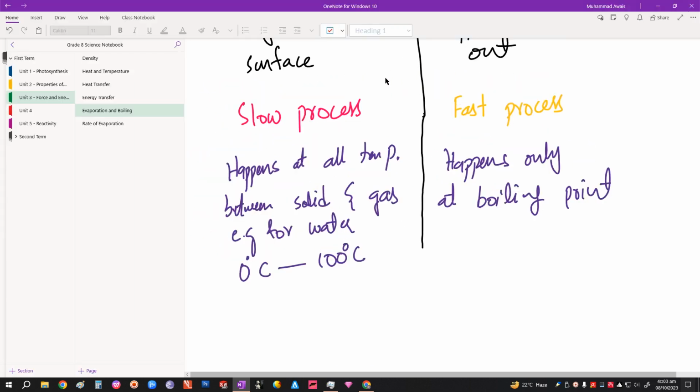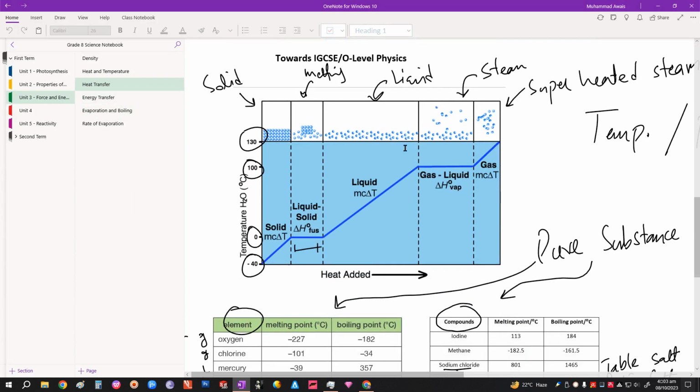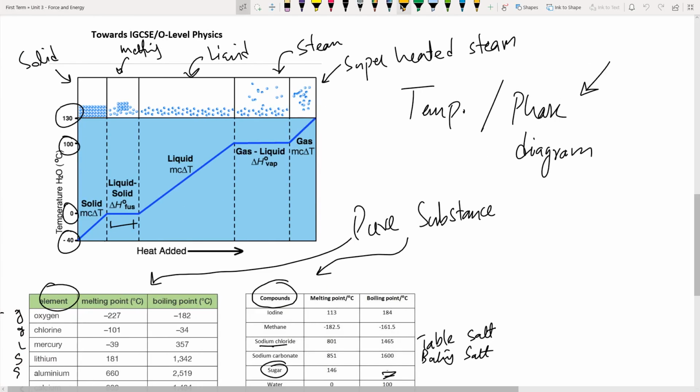Now I'm going to quickly go back to that diagram. Over here I'm going to signify that evaporation is going to be happening. Here I'm going to write this, right? So this is the point where you're going to have evaporation, right? And over here we're going to have boiling, right? So this is the difference between evaporation and boiling.